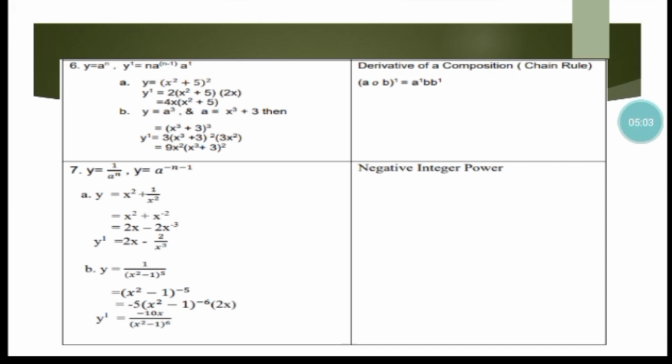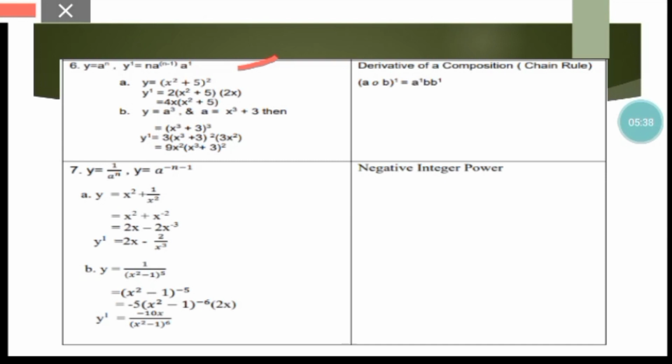For example, x squared plus 5 raised to 2. Multiply by the exponent 2 times 1, then copy x squared plus 5, then find the derivative of what is in the parentheses, which is 2x. So we have 2 times x squared plus 5 times 2x. Then multiply 2x times 2, so we have 4x, then copy x squared plus 5. That's the final answer, and so on.